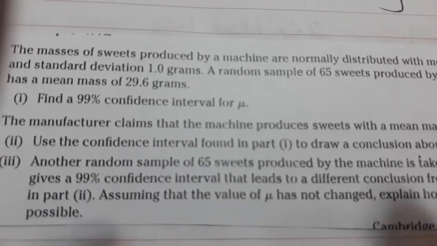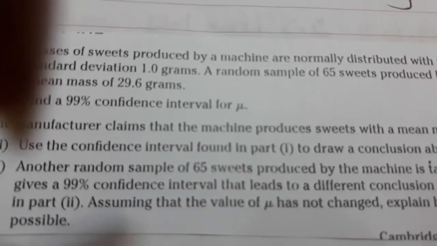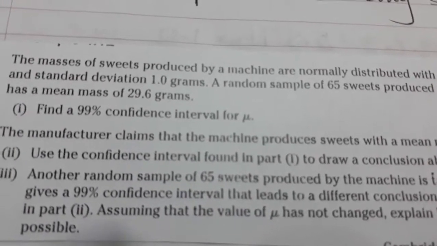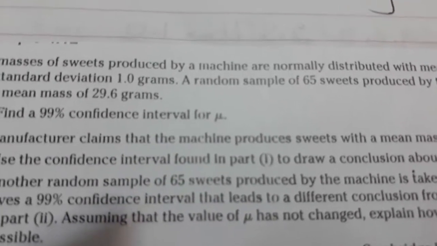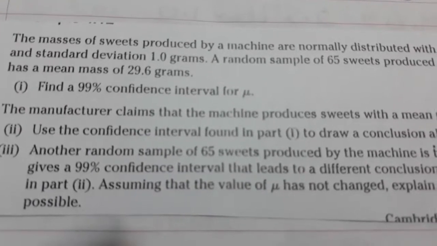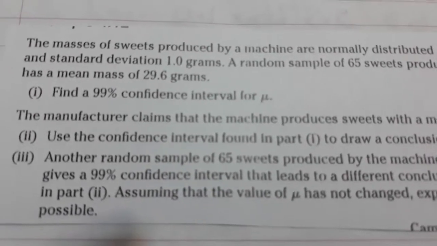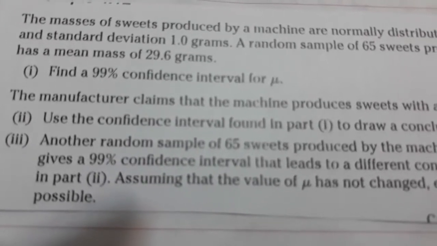So far in the first paragraph, the information given is that your random variable is the mass of the sweets, and it is normally distributed, the mean of the population is unknown, and the variance 1.0 is given to you. Now you are taking a sample of 65 sweets, and when you calculate their mean, it is 29.6.